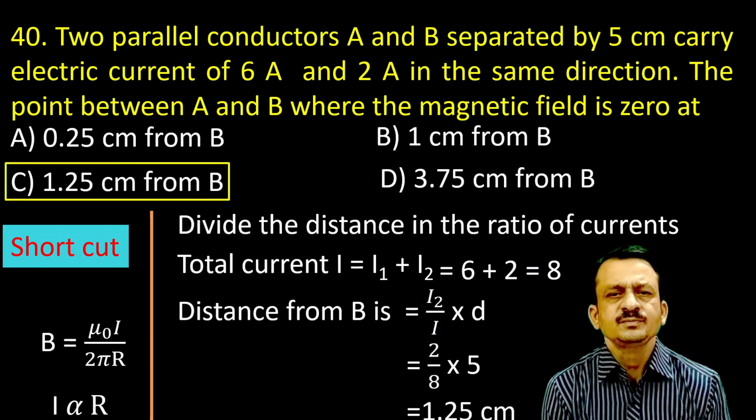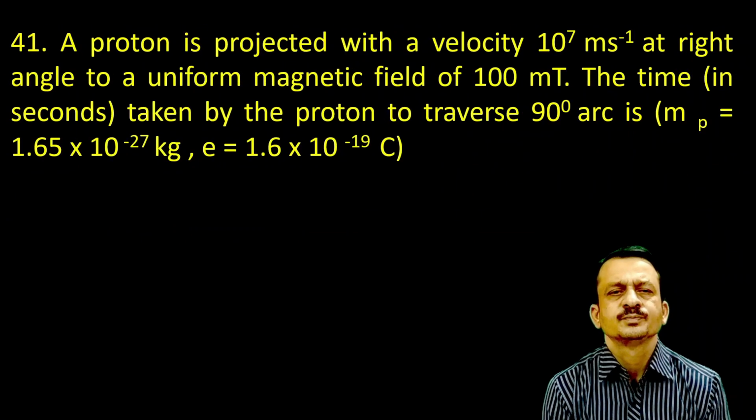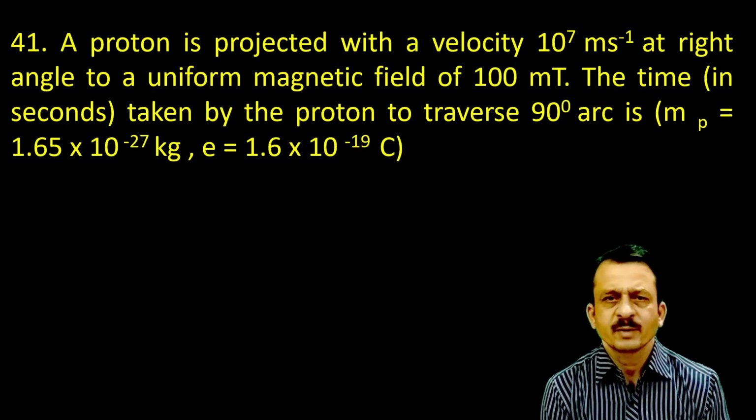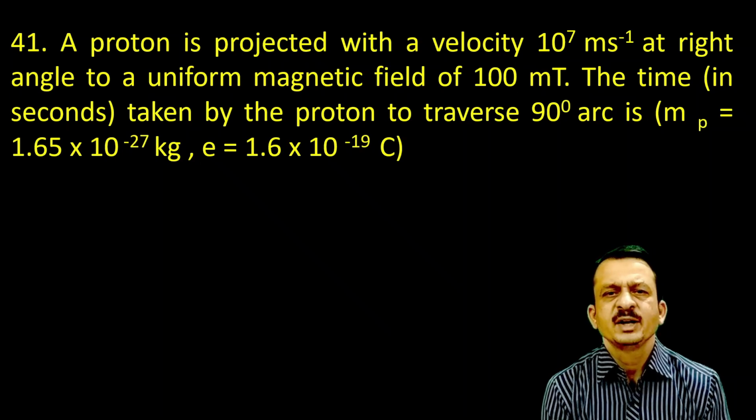Okay. Next problem. A proton is projected with a velocity of 10 to the power of 7 meter per second at right angles to a uniform magnetic field of 100 millitesla.